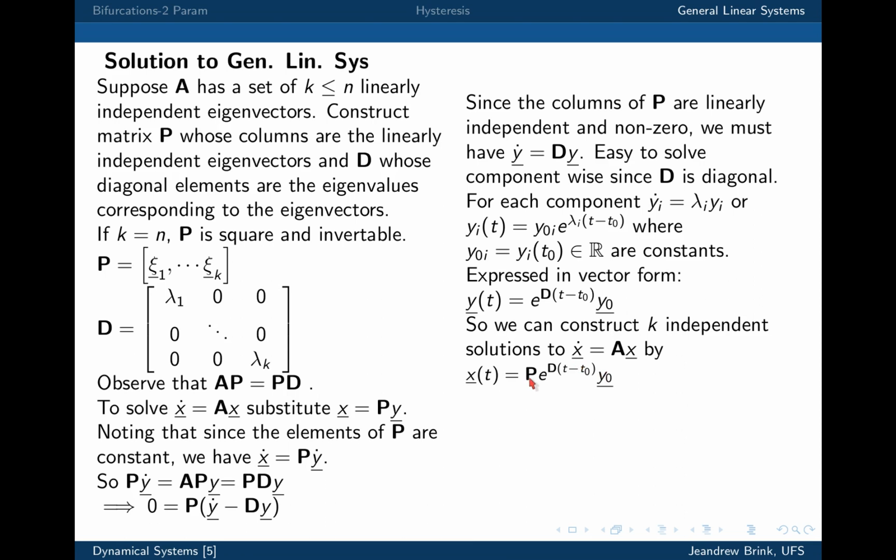And the way we do that is we simply take y and multiply it by P. So I take the y that I've constructed over here and multiply it by P. If you're not comfortable with this, let me write out what it means in full. And this is the second one that I'm going to recommend you use. It also gives you a lot of insight.